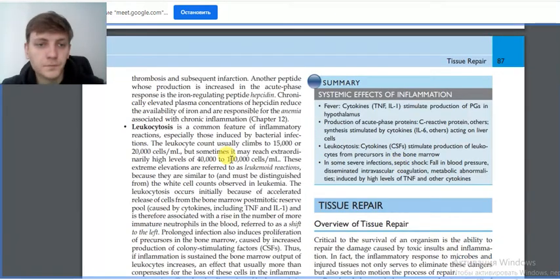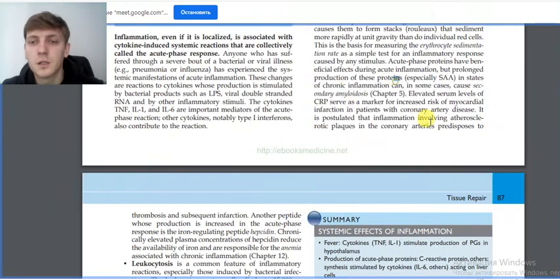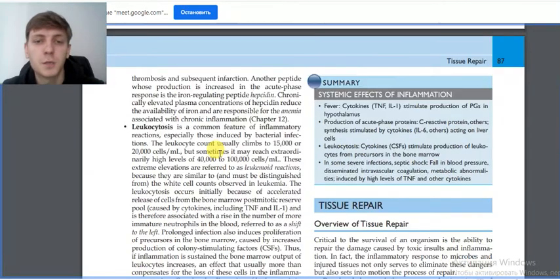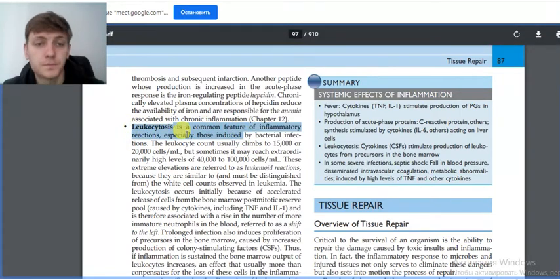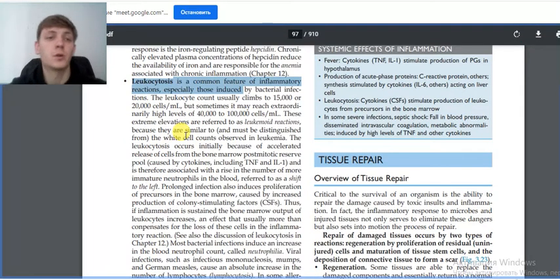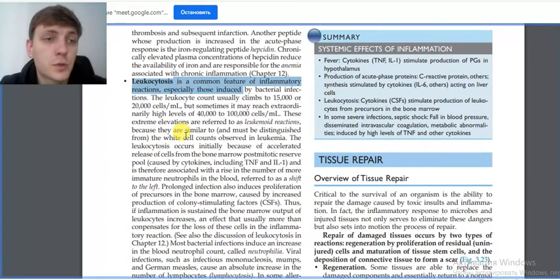Okay. The rest of the things which are shown here will be better explained in chapter number 5. Then leukocytosis. You remember that leukocytes are produced in the bone marrow, and a lot of leukocytes are stimulated by the same TNF and interleukin-1, which promote the formation of new cells in the bone marrow.